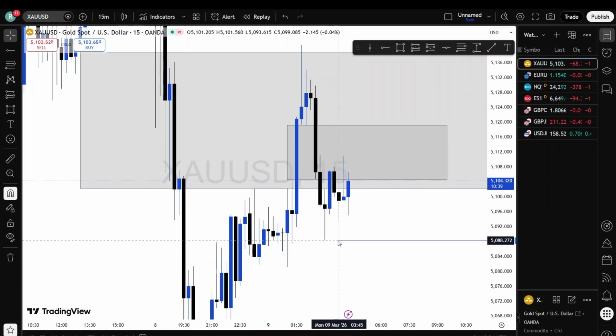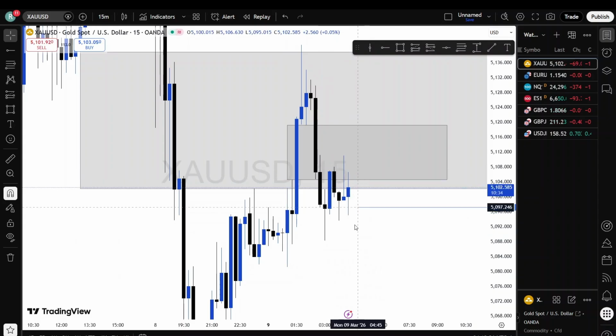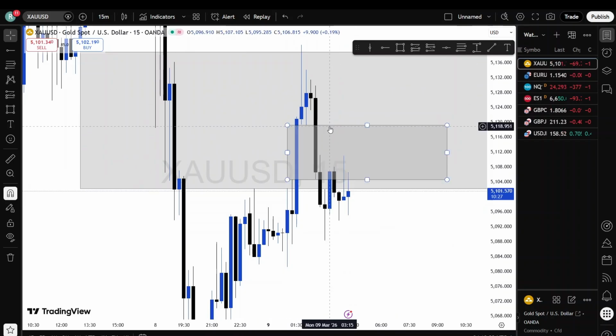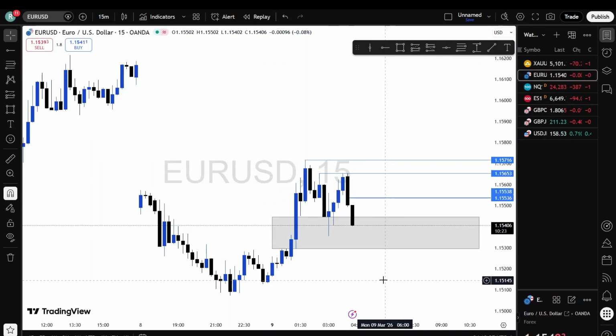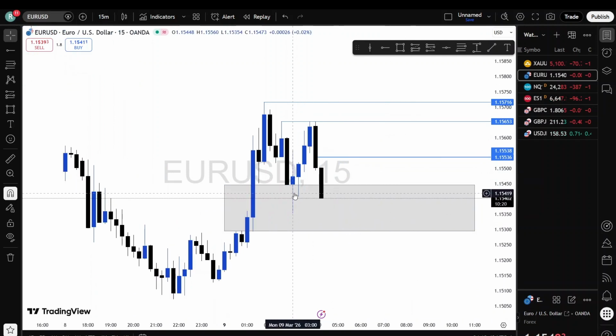If it had swept this liquidity and given any confirmation to be on the buy side, I would have traded, I guess. But it hasn't done that. EURUSD is melting down. You see the stop losses got hit.